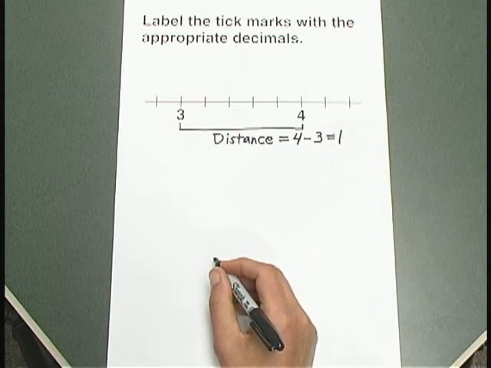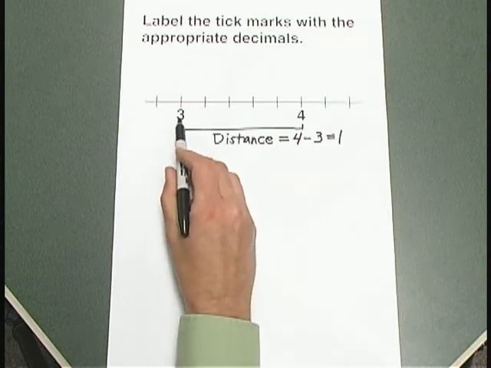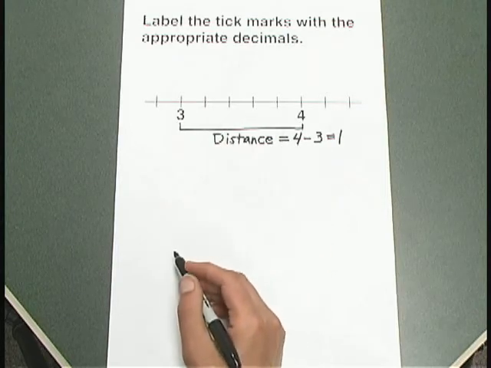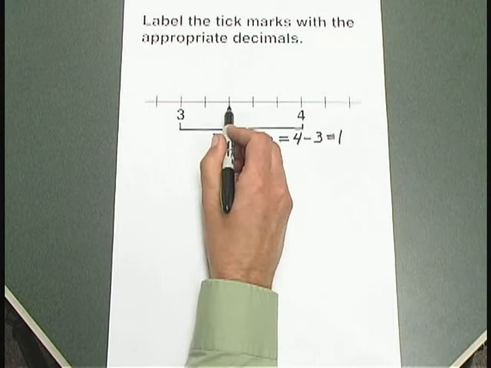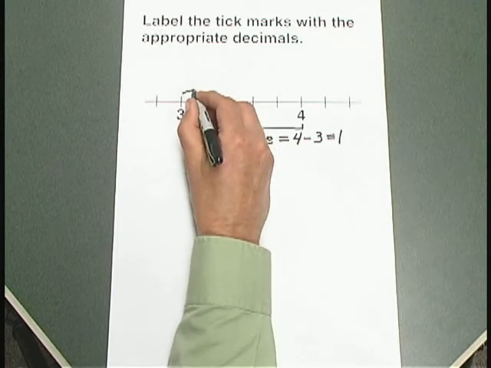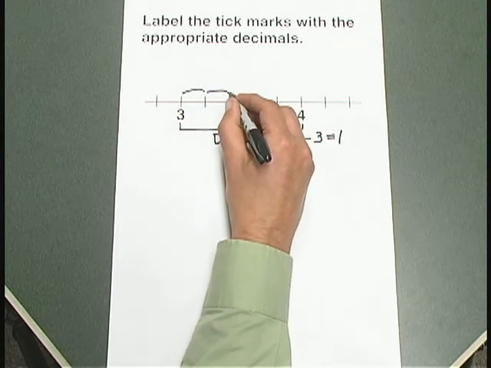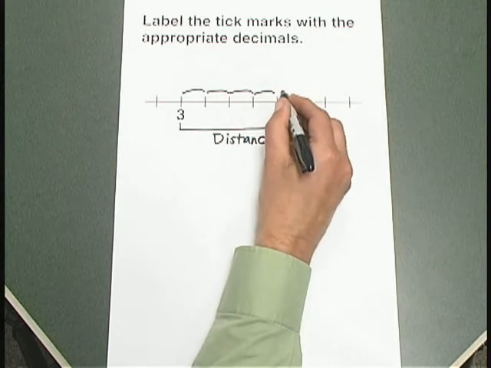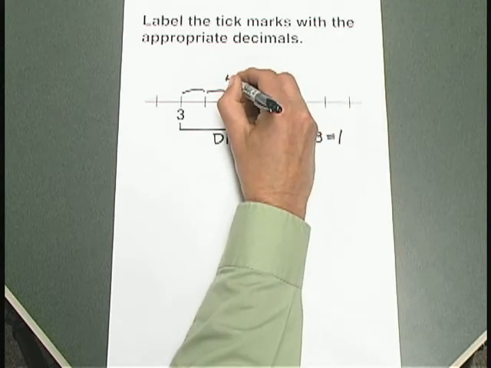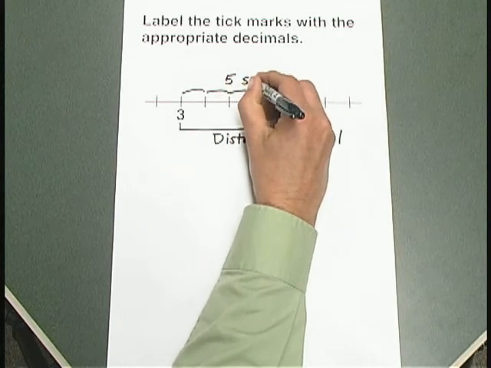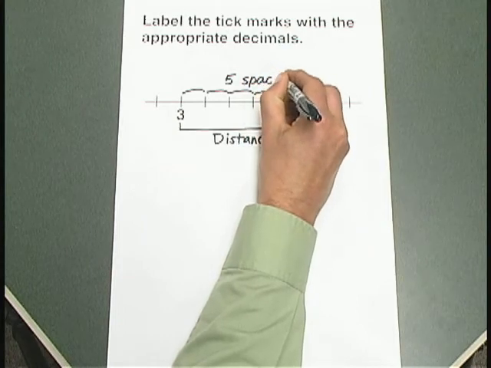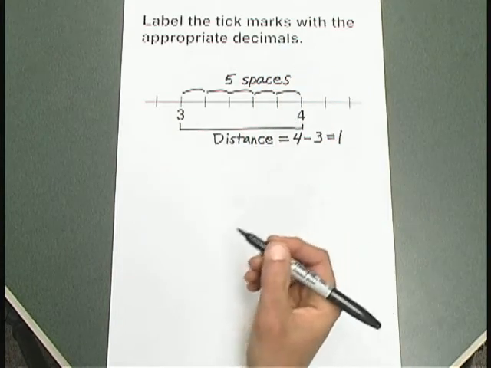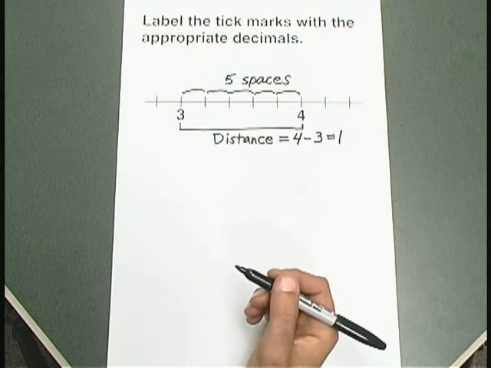Next, we need to count the spaces between the two numbers we've been working with. Not the tick marks, but the spaces. There's 1, 2, 3, 4, 5 spaces between the 3 and the 4.